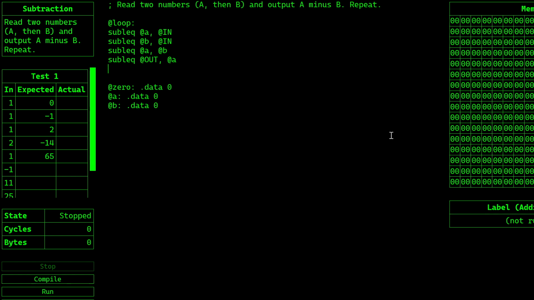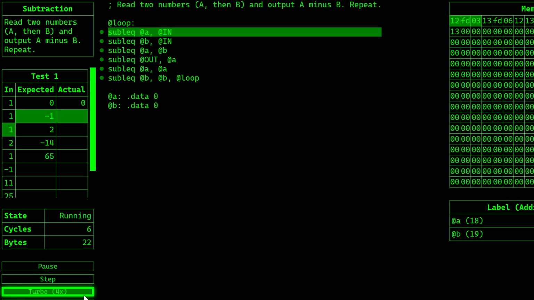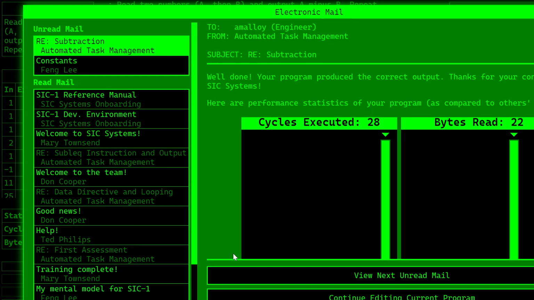And we just have to reset A and B. Also, I'm not using 0, I guess. How's that look? Everybody's happy. Okay. Well done.